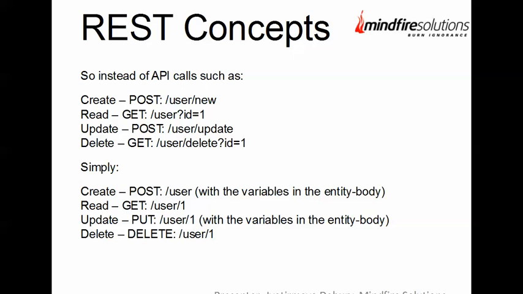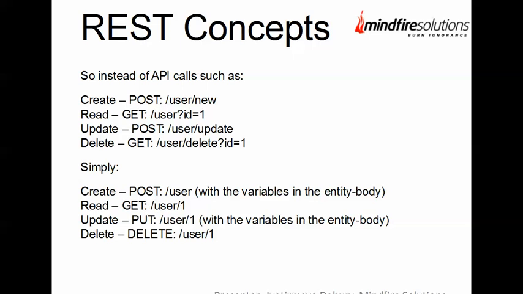Then we are posting some data, right, to an API, and the API URL looks like maybe something like user/new, something like that. And while reading, fetching data, let's say we want to fetch a particular user's data, then we just need to pass the ID to a specific URL.